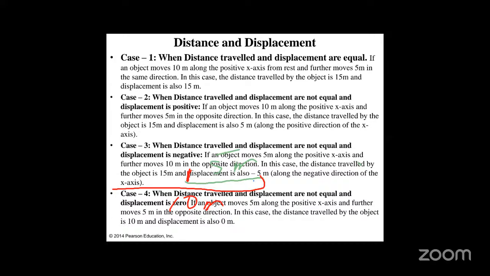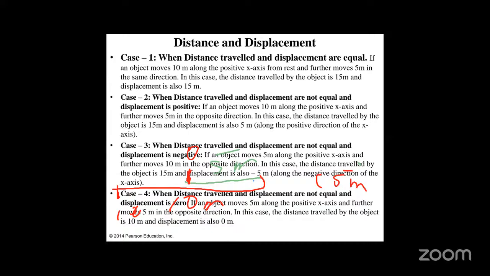So this is the initial position. The initial position, from where it started, is 0. Then where it ends is 10. The distance covered will be 15, because distance considers the whole path taken.